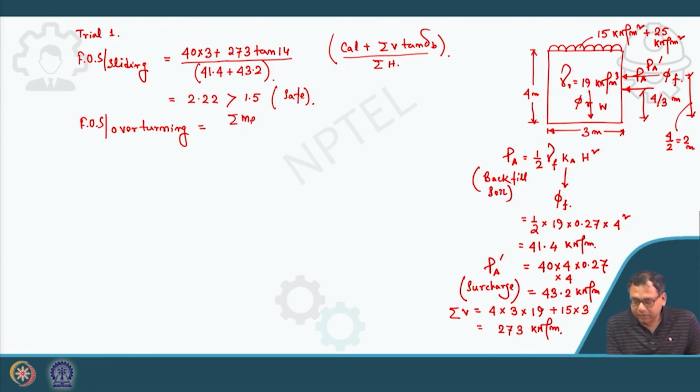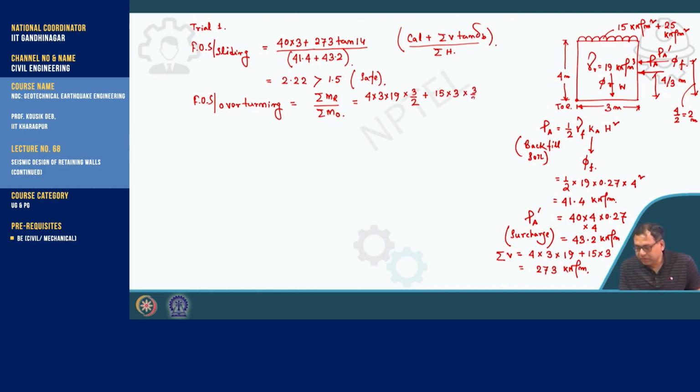So, the resisting moment and the overturning moment. Your resisting moment will be 4 into 3 into 19. This is due to the weight of the reinforced zone into the moment arm. The moment arm will be 3 by 2 if I take it with respect to the toe. Plus due to the surcharge, and again here I will consider only 15 because it will increase the factor of safety, into 3 by 2.